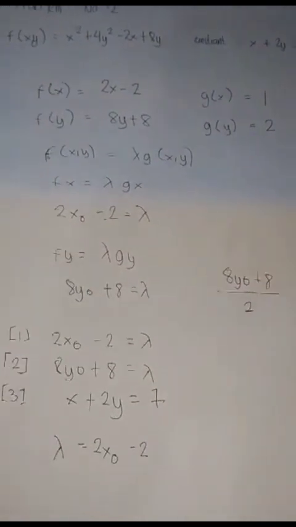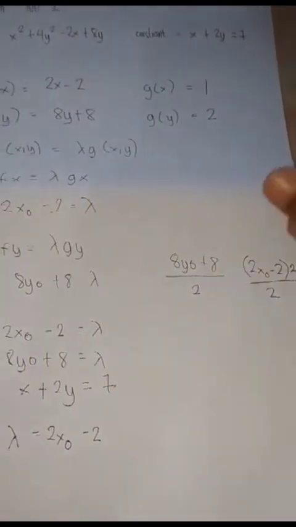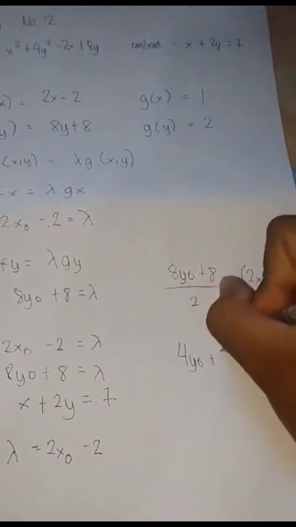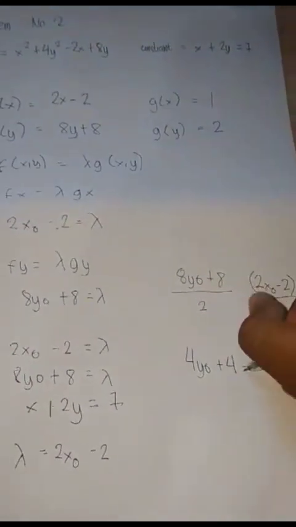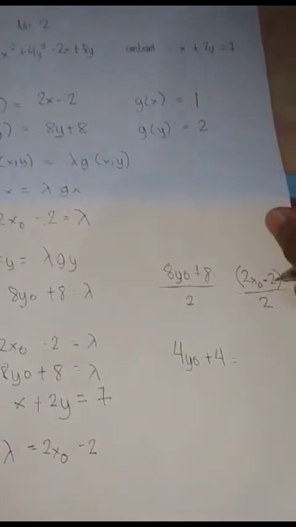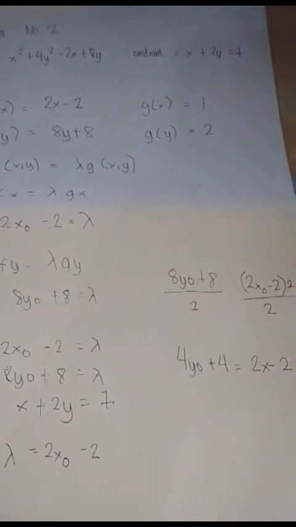So 8y sub 0 plus 8 divided by 2 is 4y sub 0 plus 4. And 2x sub 0 minus 2 divided by 2 is x sub 0 minus 1.